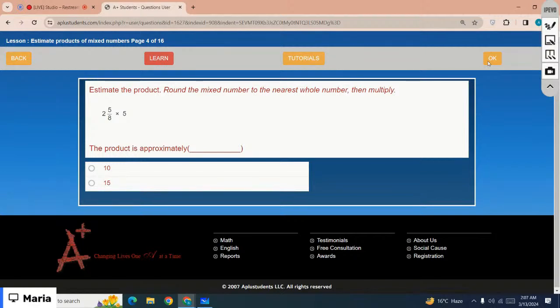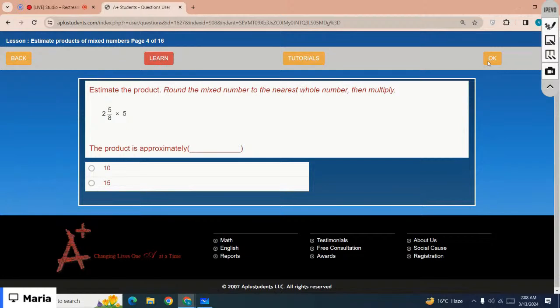Next, 2 whole 5 by 8 times 5. Which is the correct option? Yes, the correct option is 15, because 5 by 8 is greater than half.